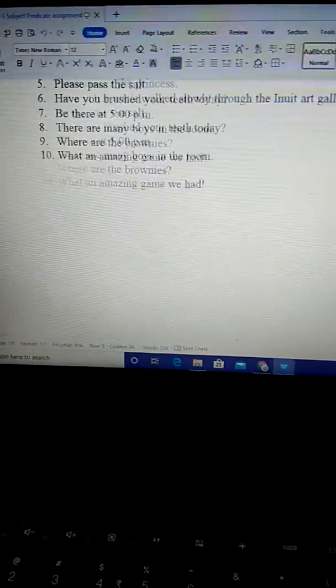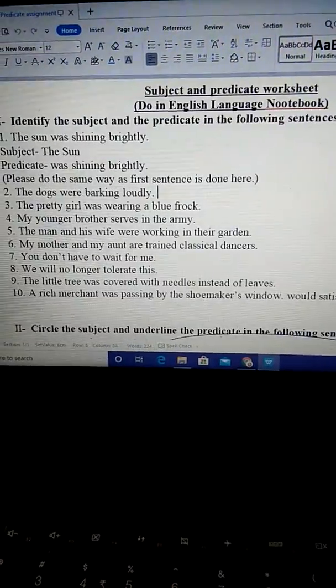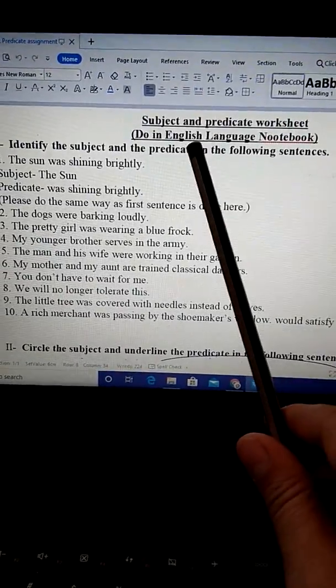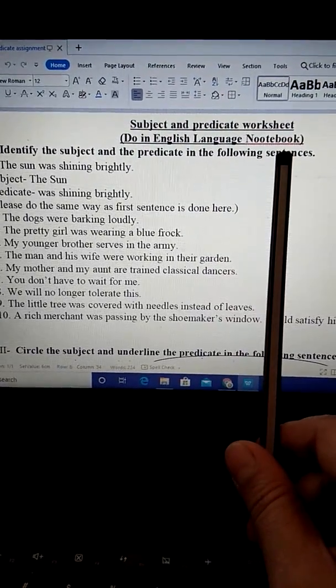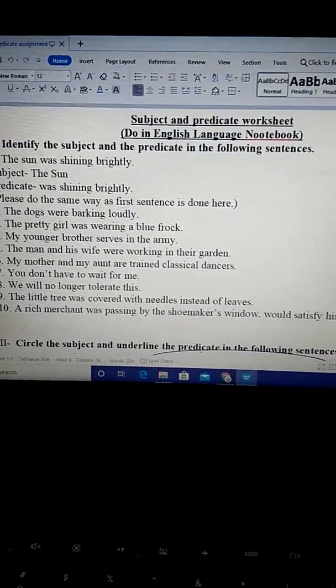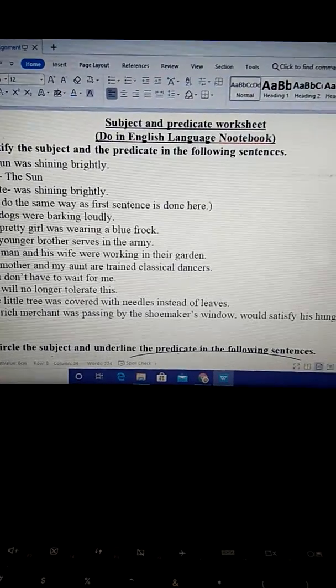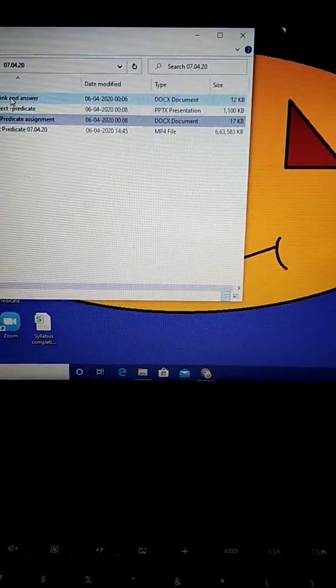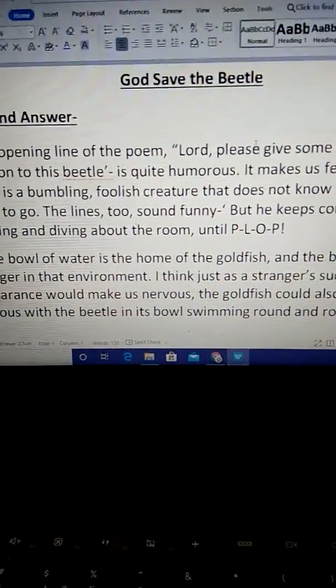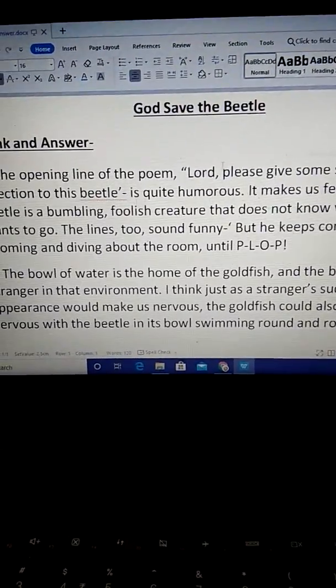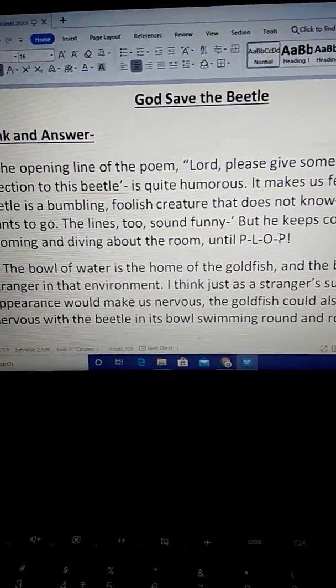Clear? These two exercises you will have to do in your language notebook. Complete in your English language notebook. Clear? Along with this, we are also sending you the answers of God Save the Beetle, think and answer part of question.